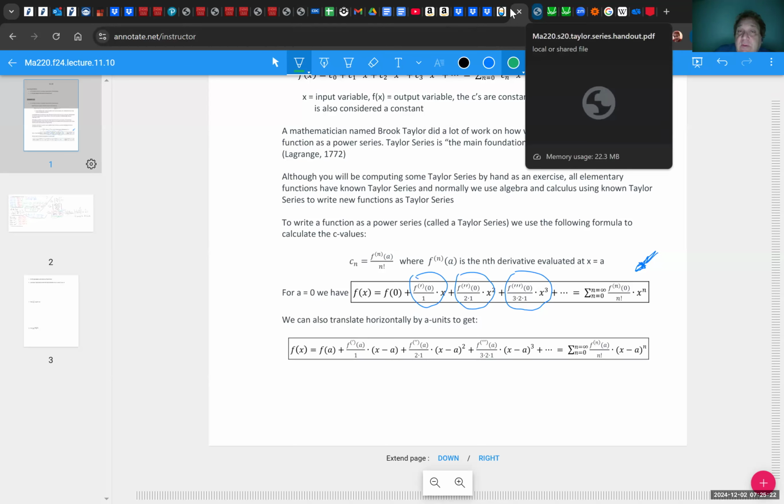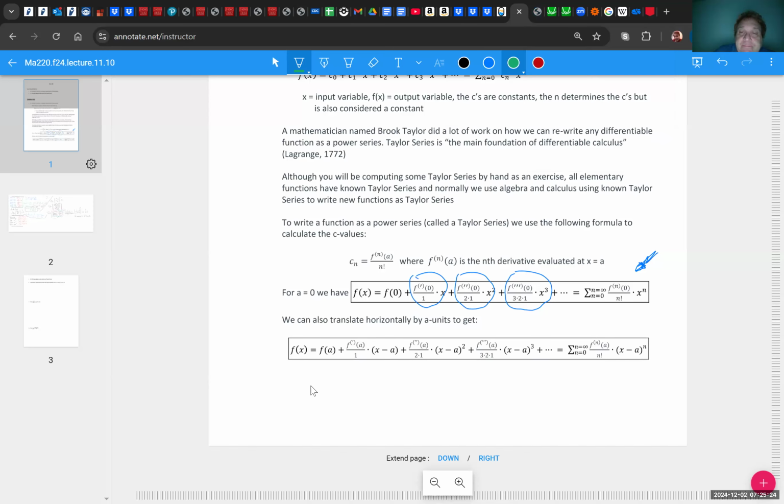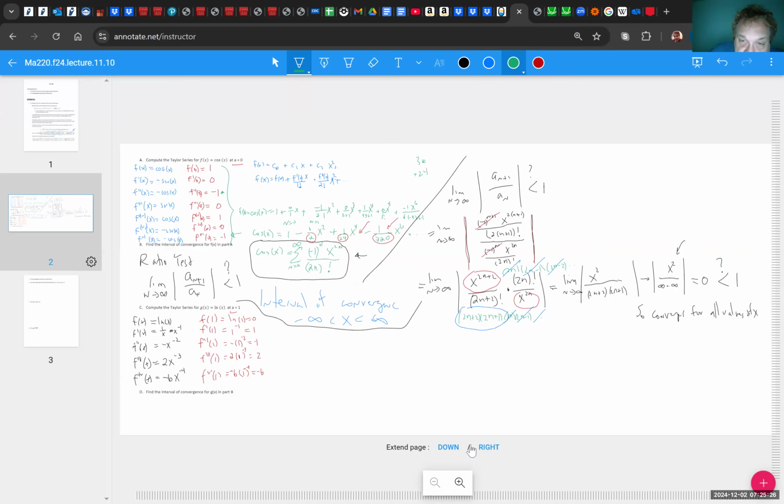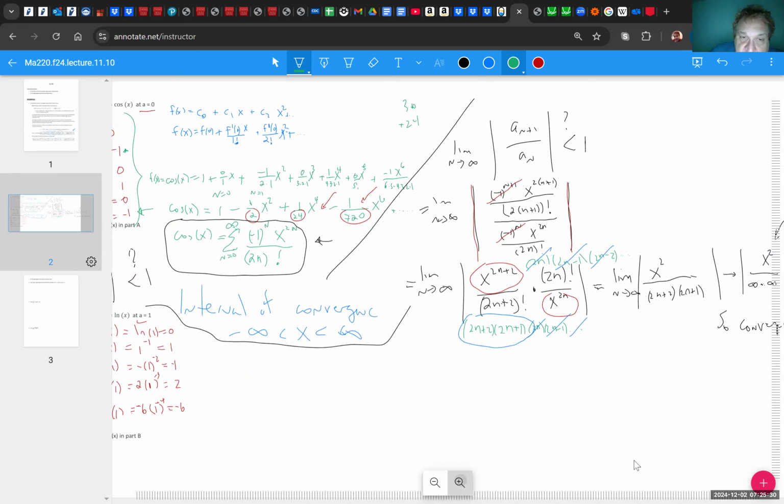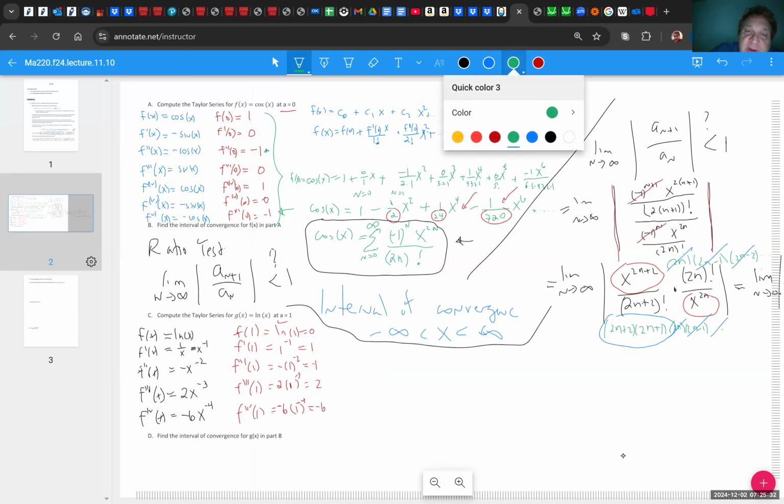Okay, so I go over here. All right, so my function, which is the natural log function, is equal to the constant term. The constant term is 0, right? That's the function evaluated at 1.